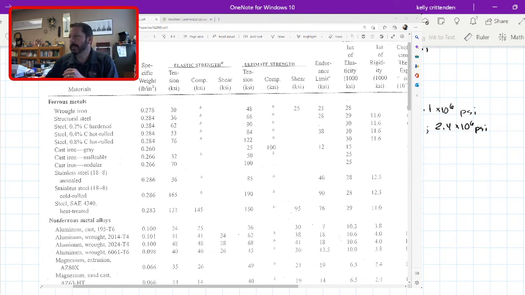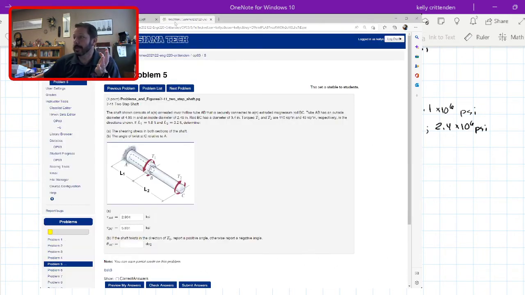I made this comment one of the times. If you get these numbers and you realize, oh, I need the metric version, don't convert these over just by converting PSI to pascals. At least don't do that for solving WebWork, or even a test problem could throw you off that way, because they're rounded a lot in the chart.